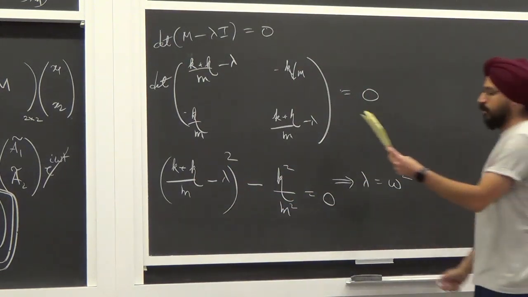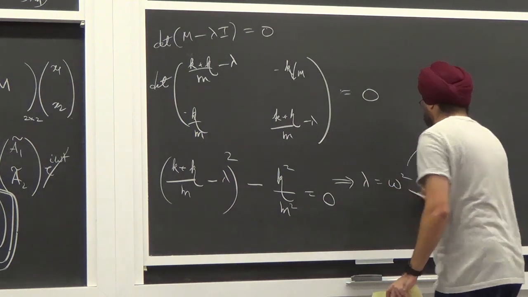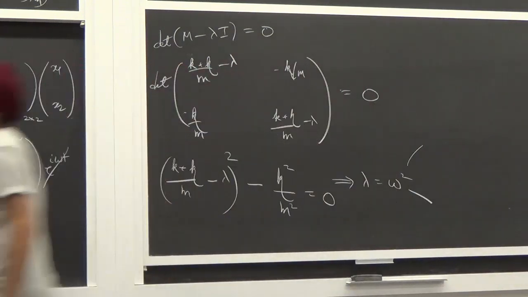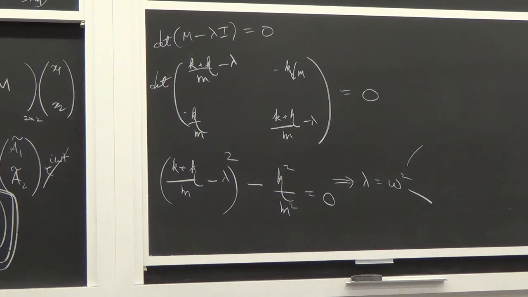Okay? And if you solve for this, it's just a simple second order quadratic equation. What you find is, how many eigenvalues will be there? 2. Which should make sense because there should be 2 independent frequencies. It should lead you to n decoupled oscillators, and hence 2 because I had 2 particles.